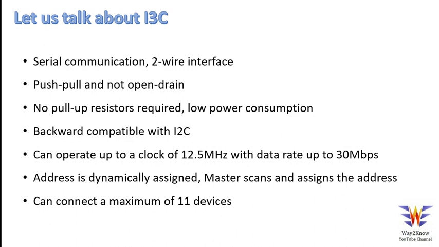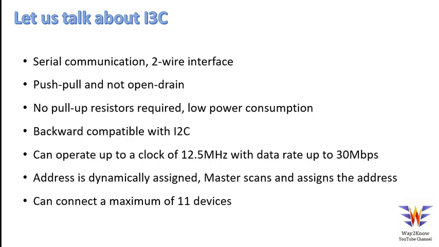That means when you say 12.5 MHz and data rate 30 Mbps, definitely there is a dual data rate that is coming in. So you just read the specs on how the data rate is maintained and how dual data rate is scoped up in the designs.